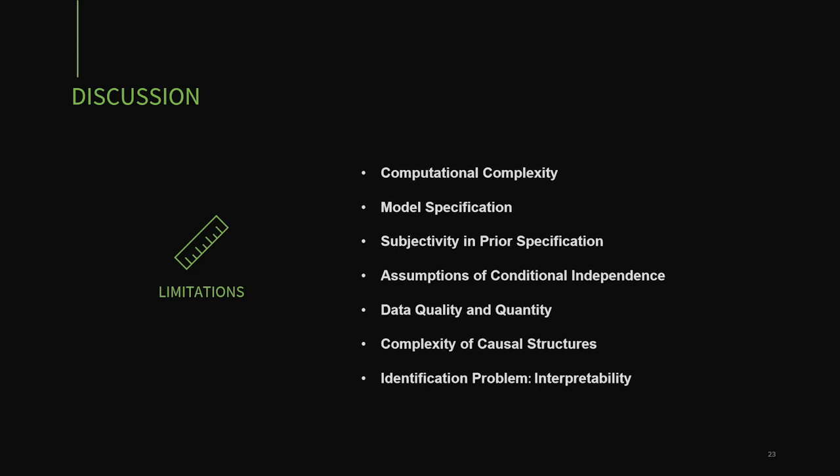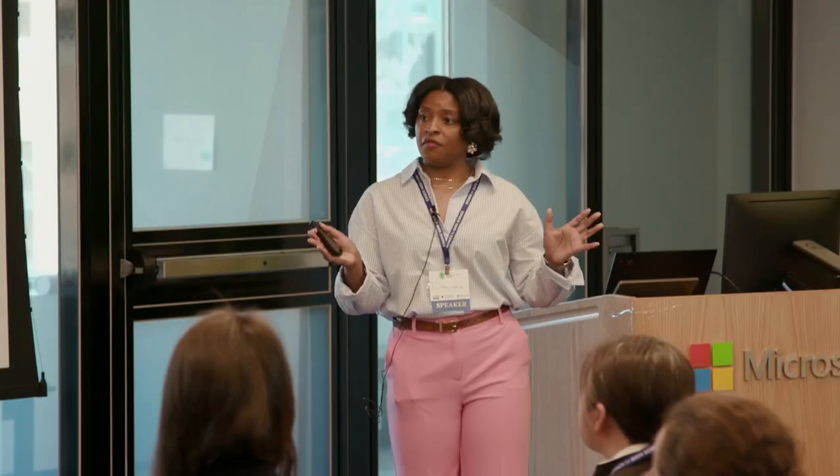We have some assumptions of conditional independence. You have to worry about data quality; your estimates are only going to be as good as the data that you're providing to the models. And then, as we mentioned earlier, the causal structure can be very complex. We went through a very simple case where we have one confounder and one treatment, no other covariates.